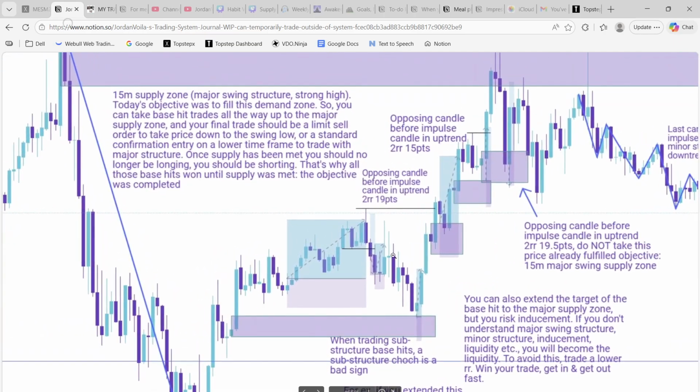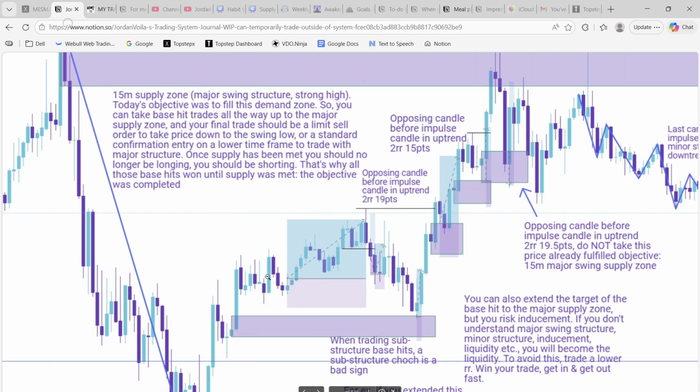So, let's say, okay, a doji before entry is a bad sign. Let's say for example I entered here, right? Which I actually did the drawing wrong here, which is why it looks weird.